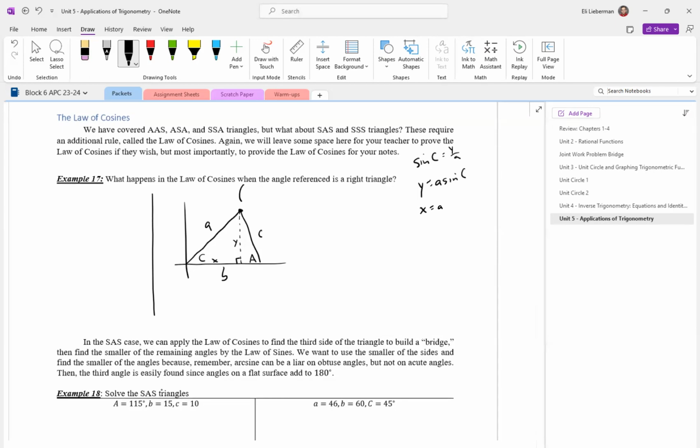Do we agree that X is equal to A cosine of C? Are we good with that?